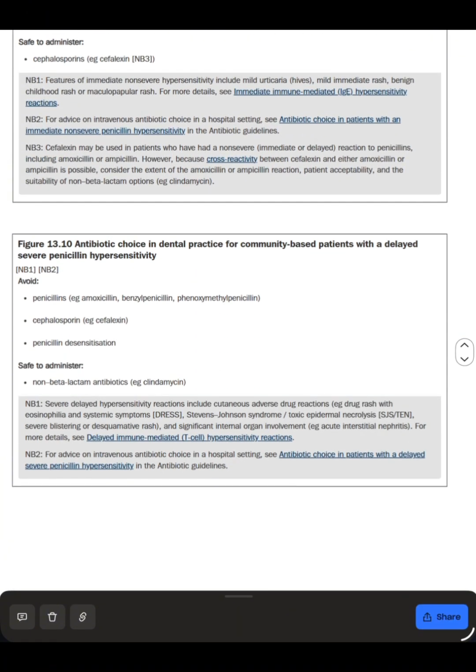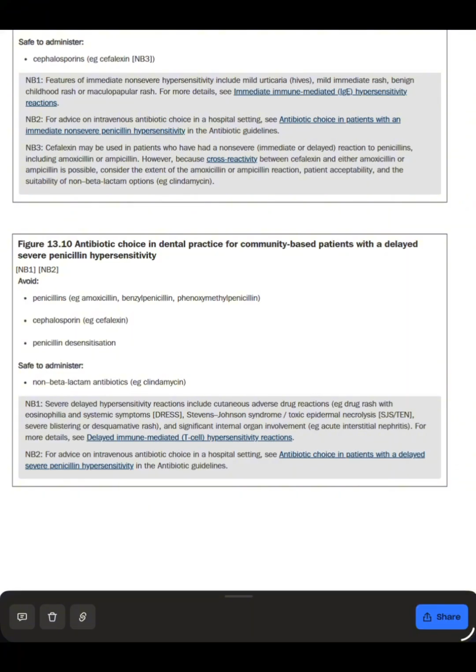13.10 is giving points about delayed severe penicillin hypersensitivity. In this, we need to avoid penicillin if the patient has delayed severe hypersensitivity, for example severe drug rash with eosinophilia and systemic symptoms, Stevens-Johnson syndrome, toxic epidermal necrolysis, severe blistering or desquamative rashes, and significant internal organ involvement, for example acute interstitial nephritis.